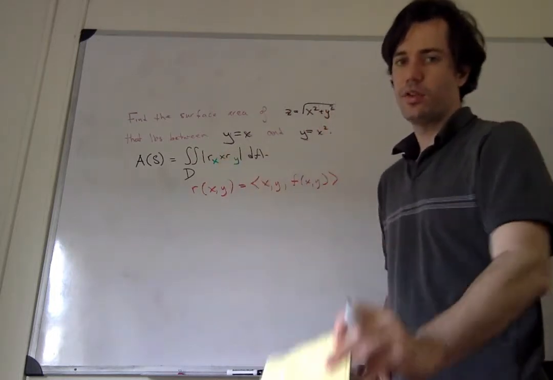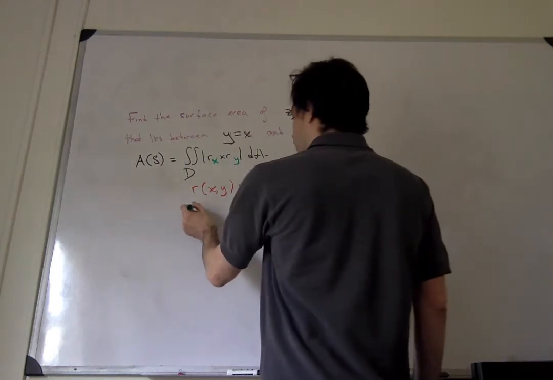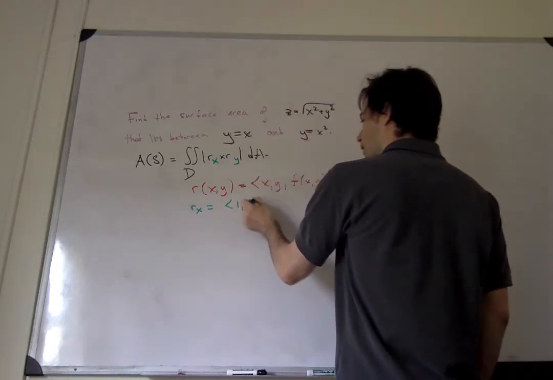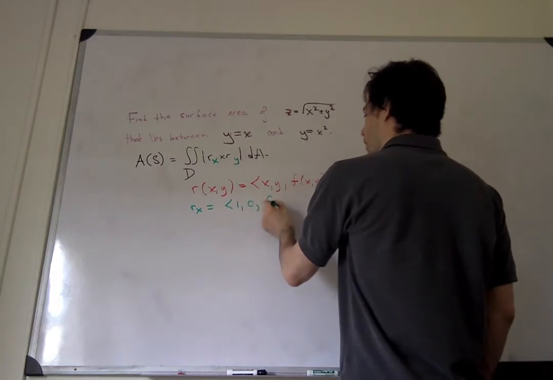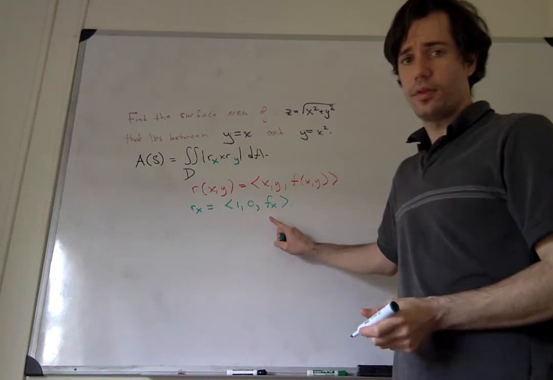And now the question is, what is Rx and Ry? This is very straightforward: 1, 0, and the partial derivative of f with respect to x.